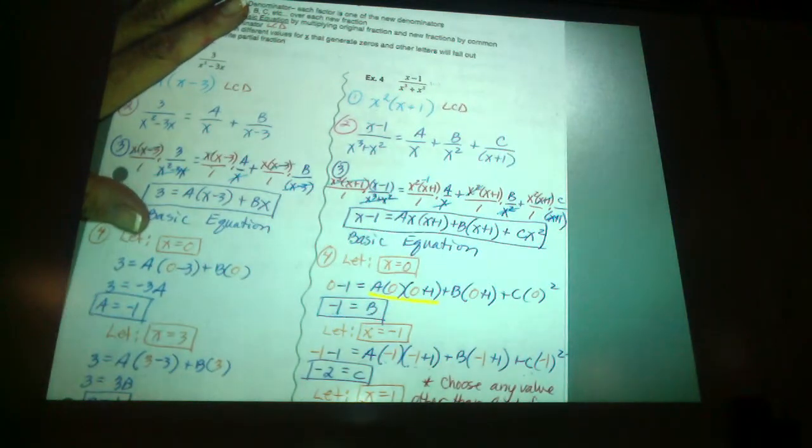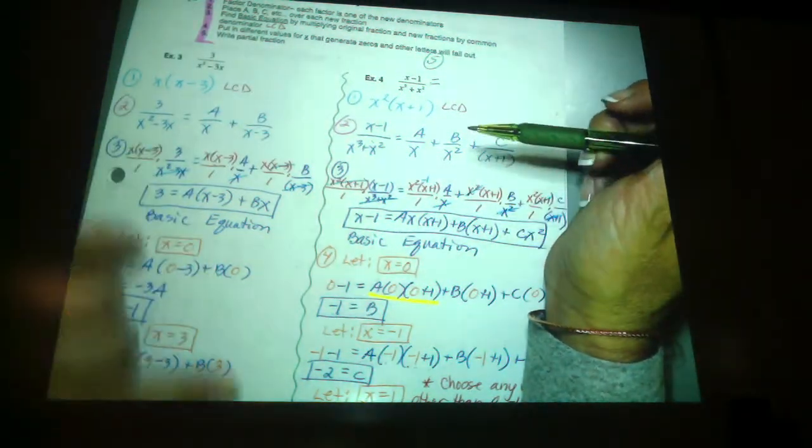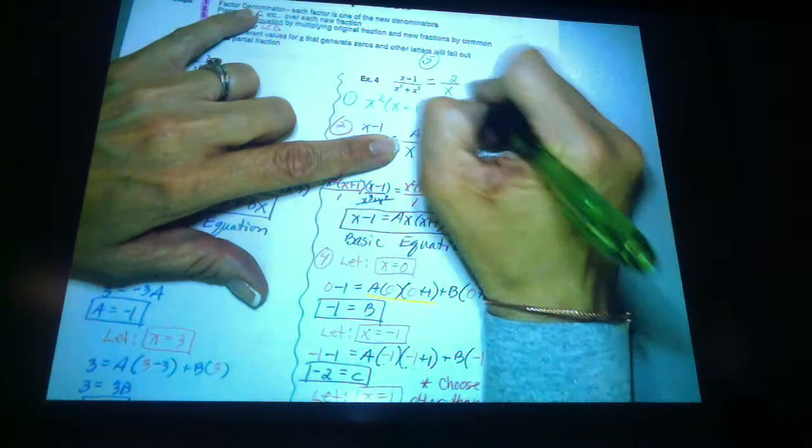So now I have everything needed to write my final fraction. I'm actually going to write them up here because I ran out of room. So step 5. The original fraction, I'm just going to go ahead and write it right here. Here's my original fraction. x minus 1 over x cubed plus x squared equals, and then here I've got a, well we just found a to be 2. So 2 over x plus my b is -1. Oh, so instead of a plus, what should I put? A minus, right?